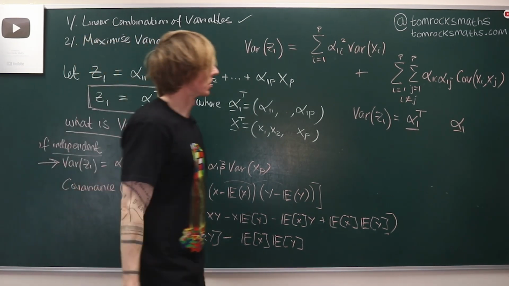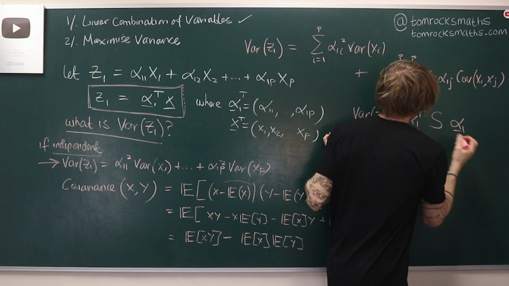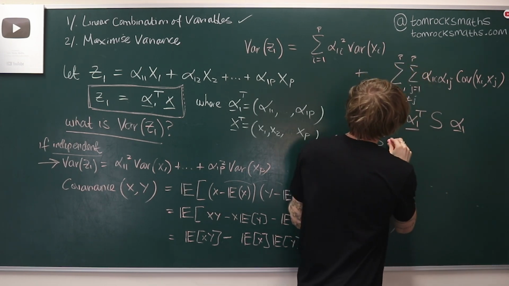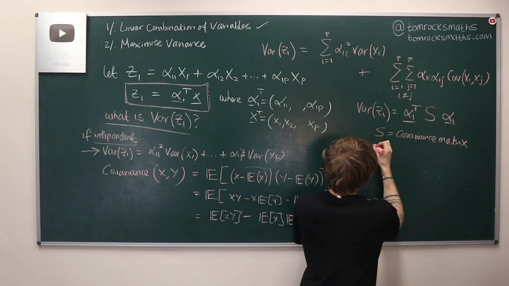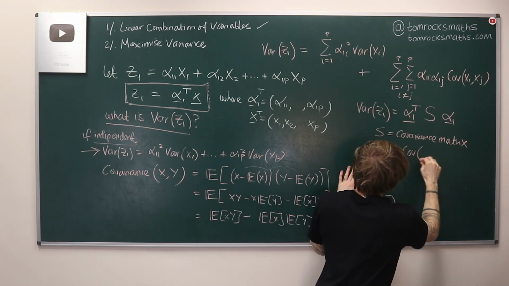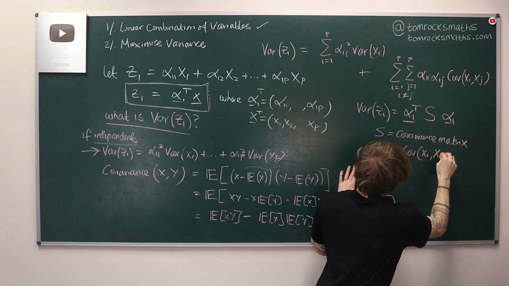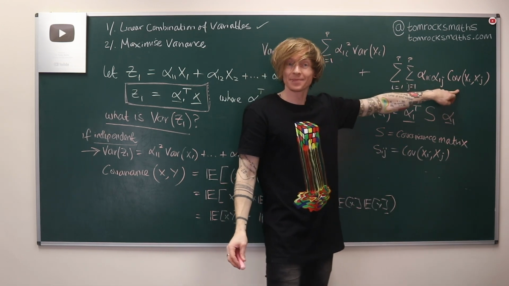But in the middle, we have something called the covariance matrix, which I'm going to label S. So S is equal to the covariance matrix. The ijth entry of our matrix is actually just the covariance of xi with xj. Exactly what we're seeing here.